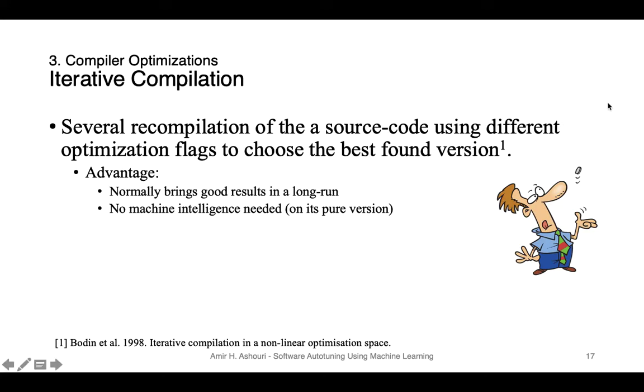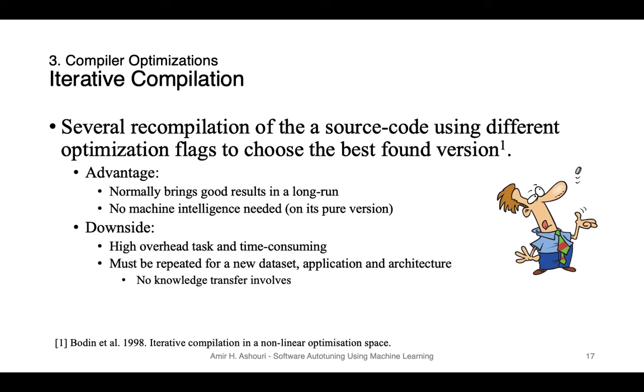And in its pure version, when you have just iterative compilation, you don't have any machine intelligence involved, and you can just run it depending on the application. Of course, it has a downside. It's very time-consuming. It has a high overhead, and you don't have any transfer of knowledge here. So if you want to optimize your new application, you need to start from scratch. So all those months that you spent optimizing the previous one, you have to trash them and start again.